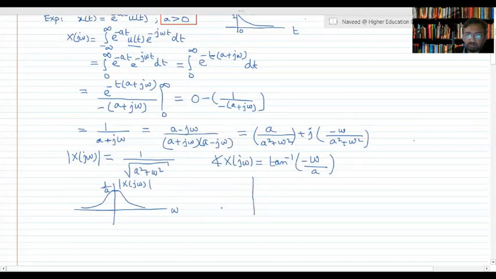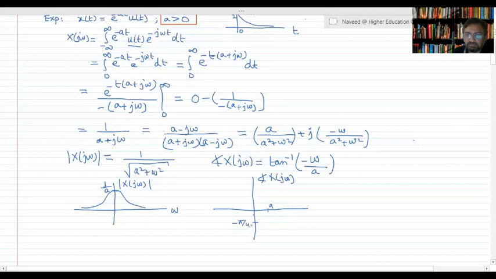Similarly, if we plot the phase of this function, at omega equal to 0, the phase is 0. At omega equal to a, we get tan inverse minus 1, and tan inverse minus 1 is minus pi by 4.